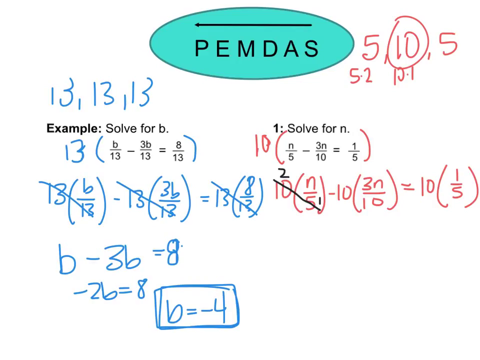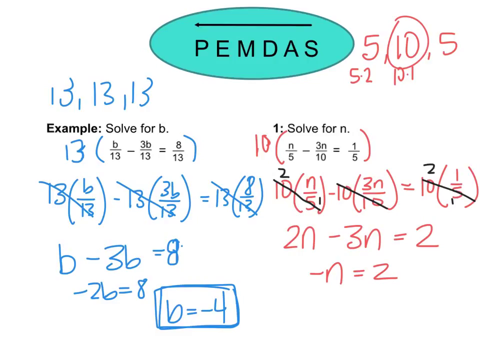It's not a huge deal, but don't forget to make that distinction that there might be a number that you're simplifying into. And so I'm actually now left with 2n minus 3n equals 2. By multiplying by that 10, it got me here. Combine my like terms to get -n equals 2.